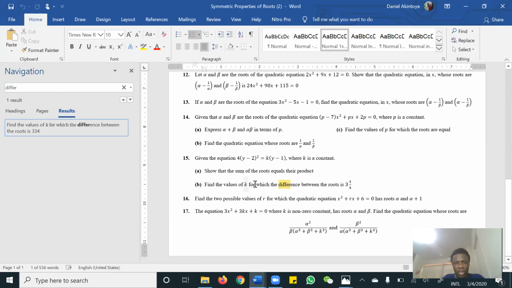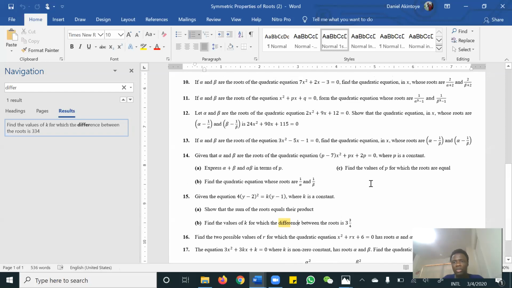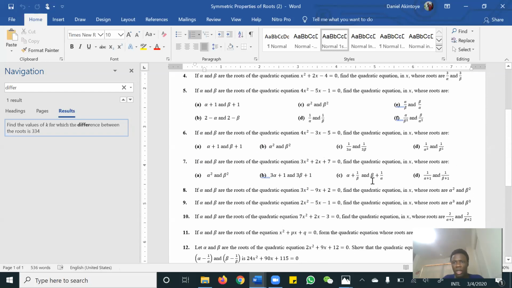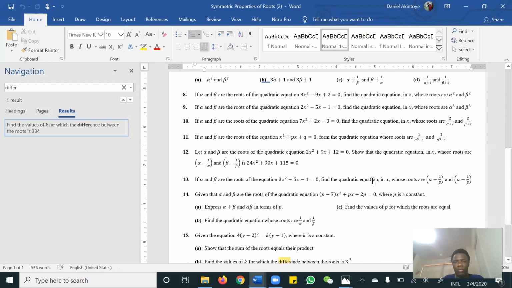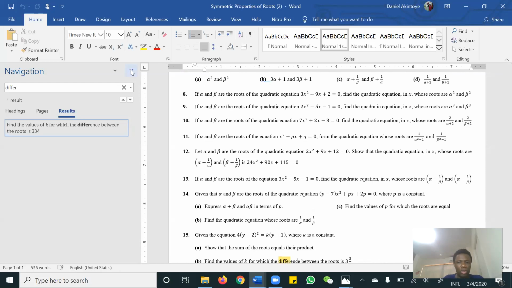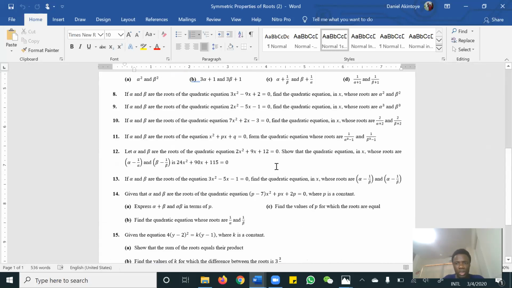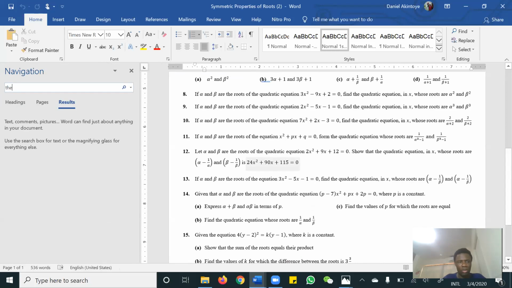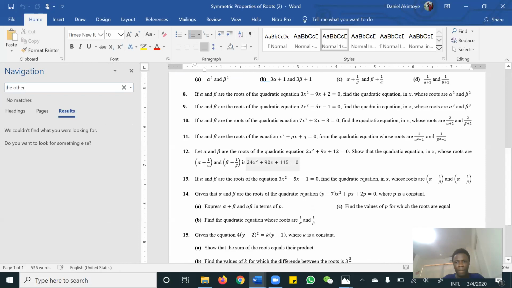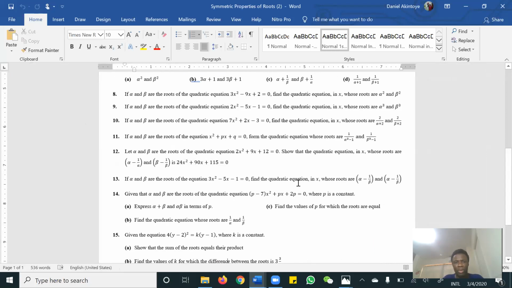The difference: find the value of k if the difference between roots is this. So we'll be looking at questions of this form, and I'm going to try to find more of this. The equation differ by something, or one equation is the square of the other. Anyway, we'll be looking at questions of that form.